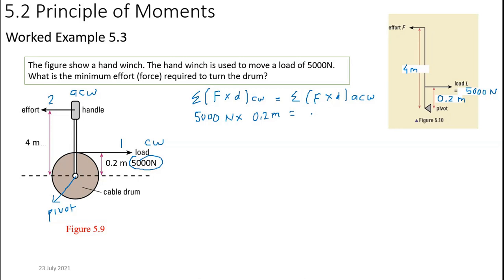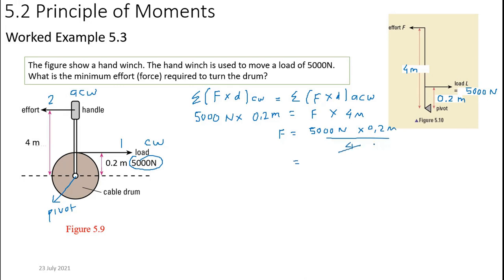What is the force for anti-clockwise? We need to know the F for anti-clockwise. And the perpendicular distance for anti-clockwise? 4 meter. So F equals 5,000 Newton multiplied by 0.2 meter divided by 4.